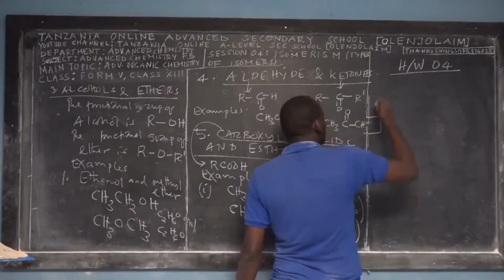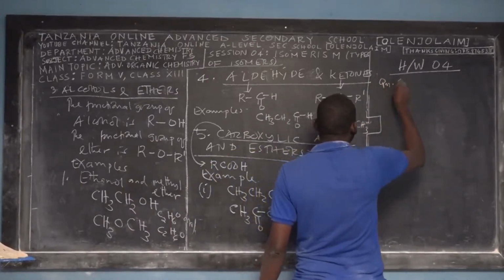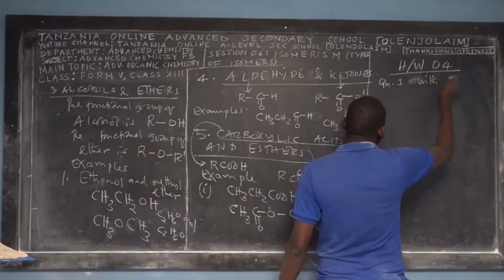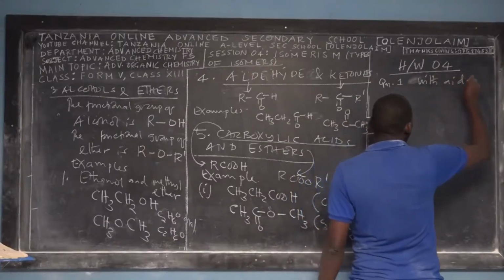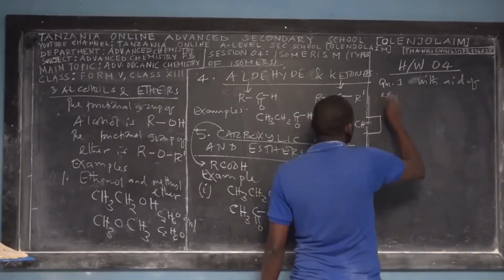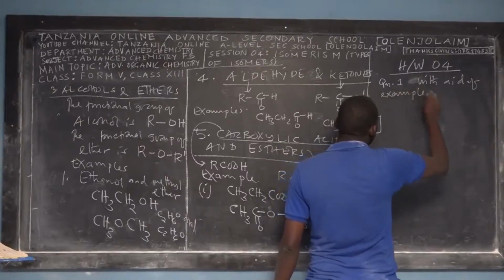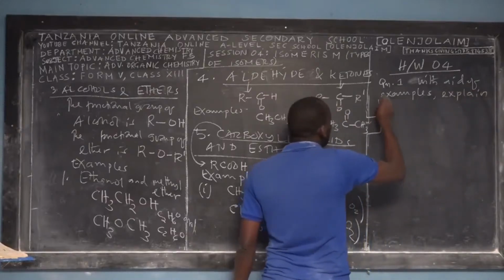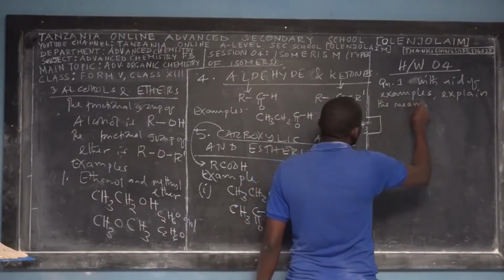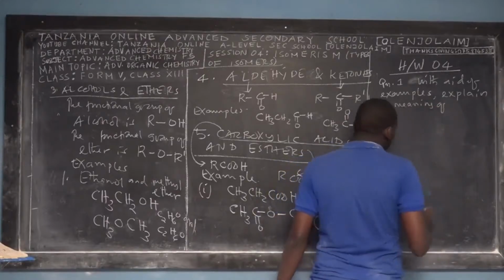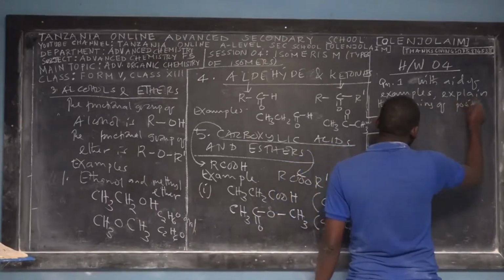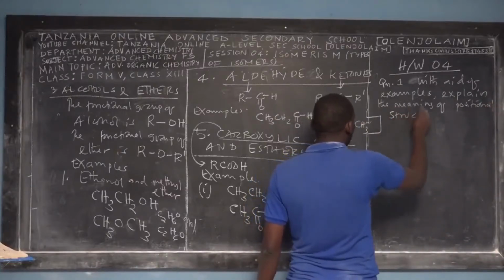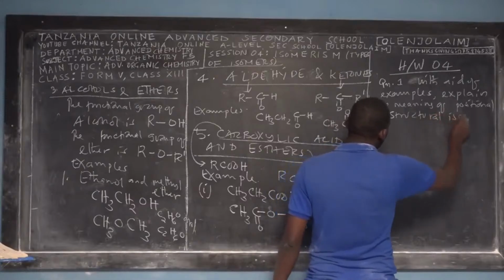Okay, so you have to do these questions. The first 2 questions. Explain with the aid of examples the meaning of positional and structural isomers, like the way that I have told you.